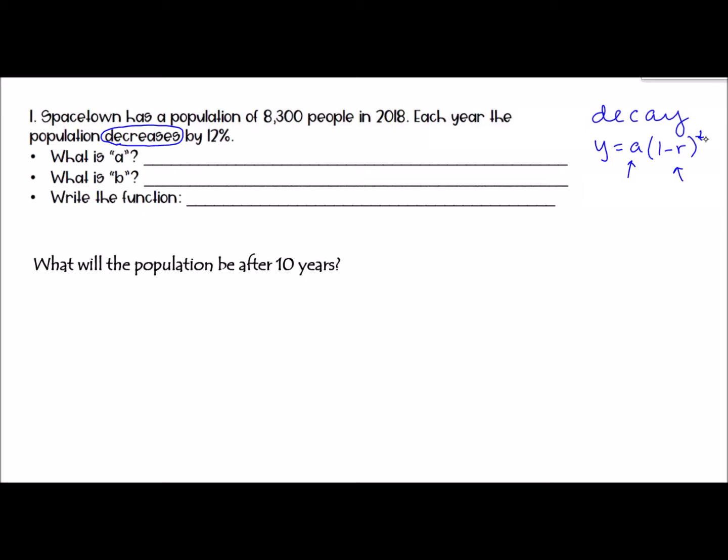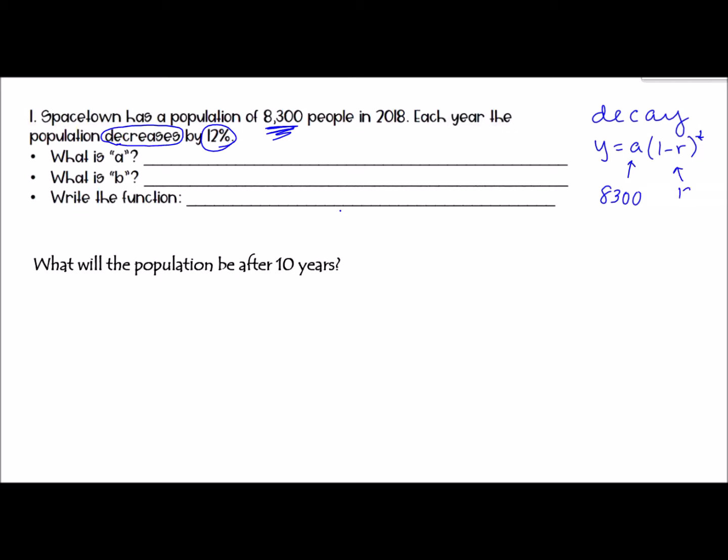So reading through it again, it says Spacetown has a population of 8,300 people in 2018. So it's telling us what the amount was. That's got to be your A. Okay, and then it also gives this guy down here. That kind of stuck out to me too. And I went, oh, it's a percent.